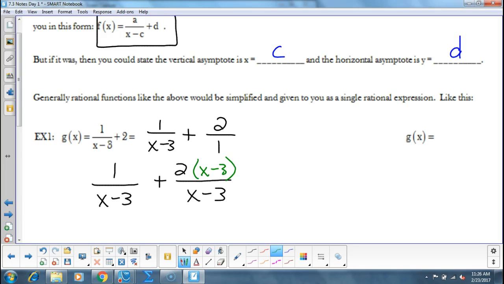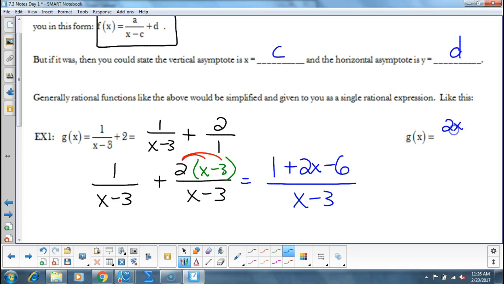Okay, so if I distribute the 2 into there, then I would get 1 plus 2x minus 6 all over my common denominator of x minus 3. So that I can make that top look like 2x minus 5 all over x minus 3.